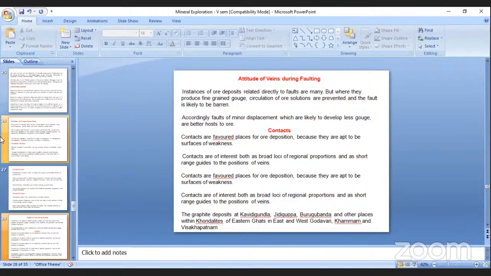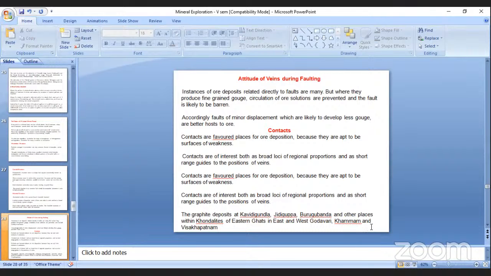And graphite deposits are the best example for this, in Kavidigundla, Jiruguppa, Borugubanda, and other places within the Khondalite belts of the Eastern Ghats.